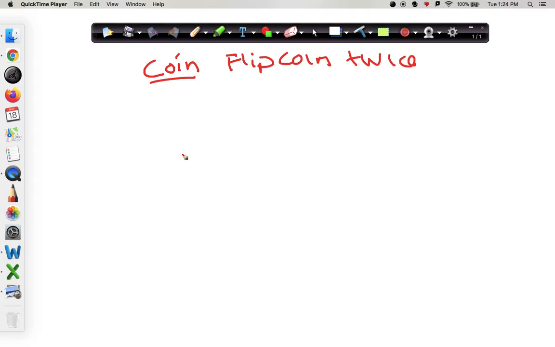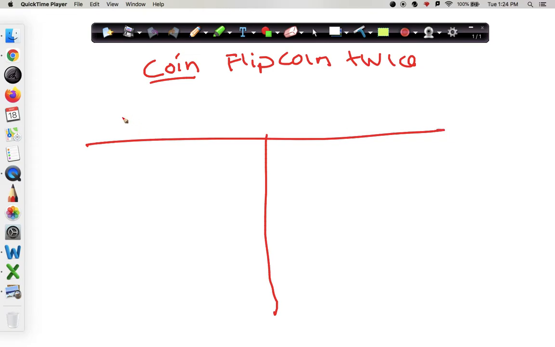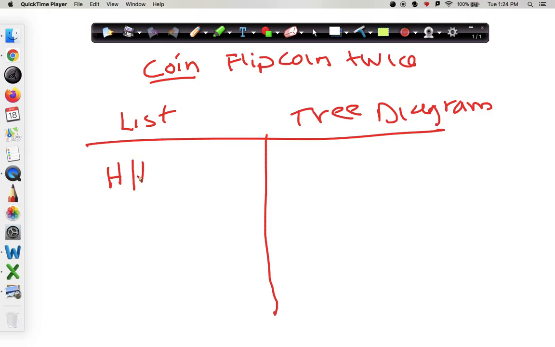So there's 2 ways that we thought about this. We could make a list, or we could make what's called a tree diagram. So the list might look something like this. On the first flip, one possibility is that you get heads, and then on the second flip you get heads.